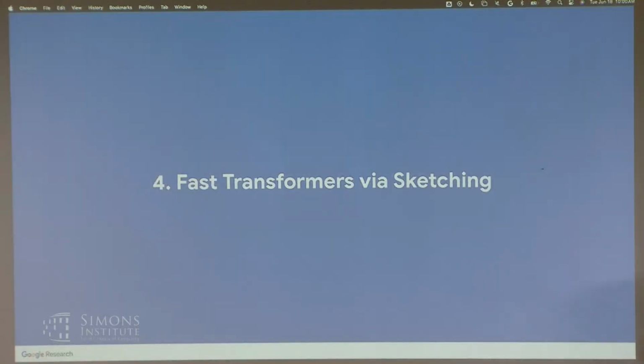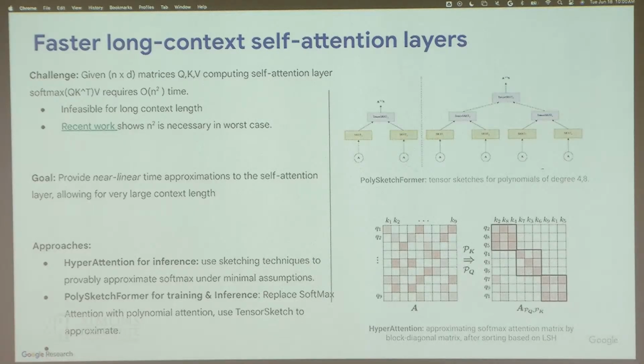I can't finish the talk before talking about at least fast transformers here. It's very related to the topic of the workshop. So when I started looking at LLM optimization, this was the beginning of 2023. The most fascinating mathematical sketching problem out there in the LLM space was the complexity of the attention layer.